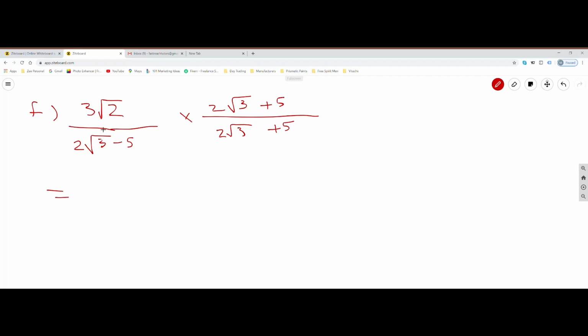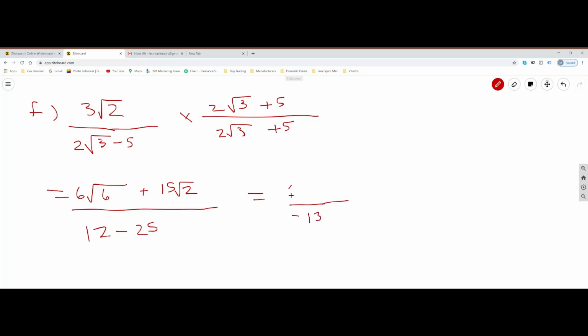So you get 6 square root 6 plus 15 square root 2 over 4. 2 times 2 times 3 is 12 minus 25 equals negative 13. 6 square root 6 plus 15 square root 2.